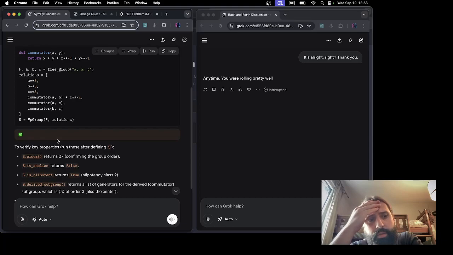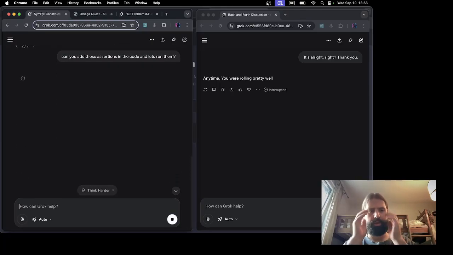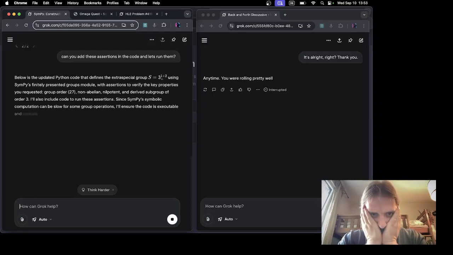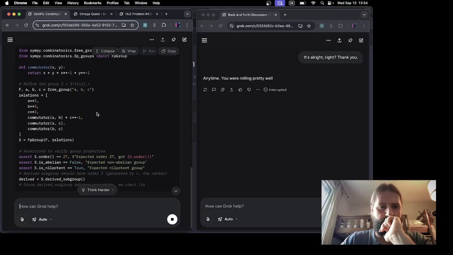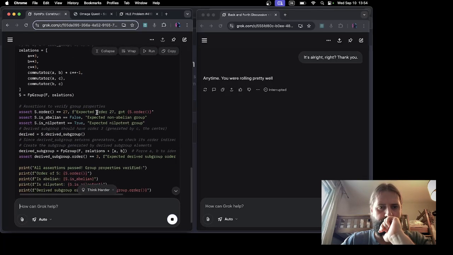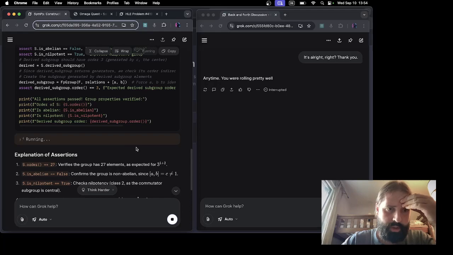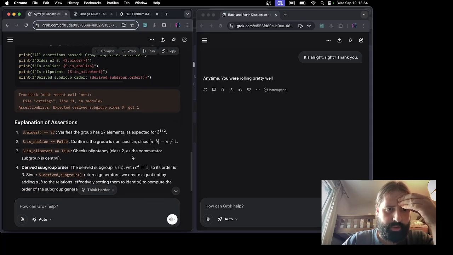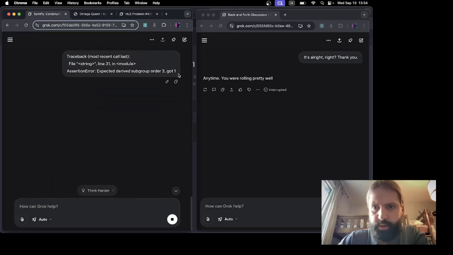Can you add some assertions in the code and let's run them? So run this, it verifies the order. It verifies that it's not. Okay, so there's an error. Fix it.